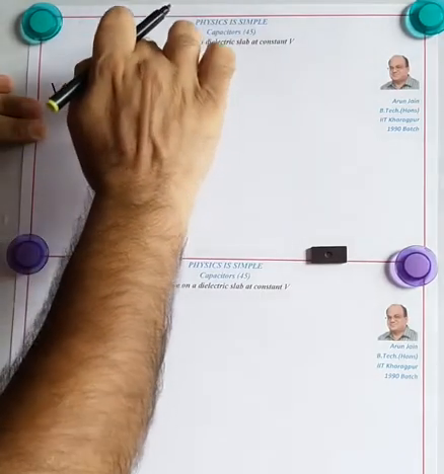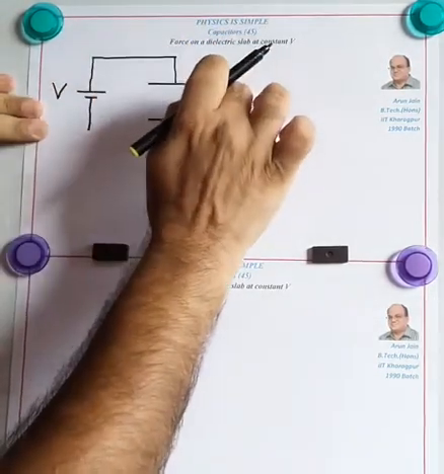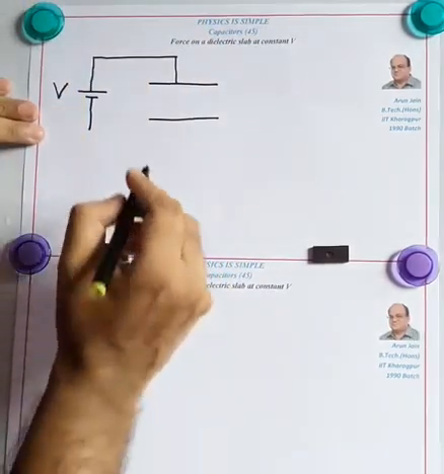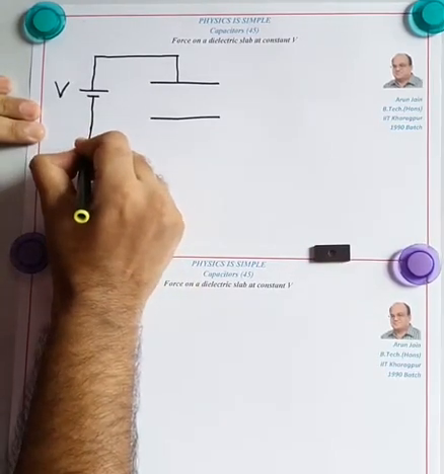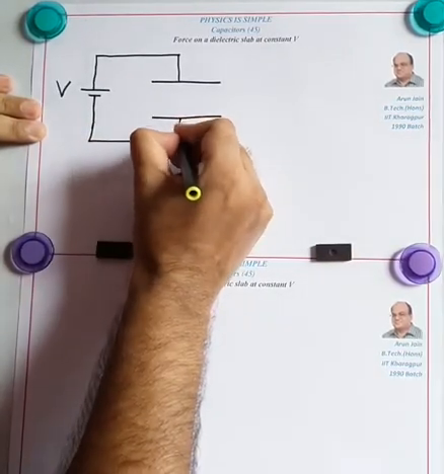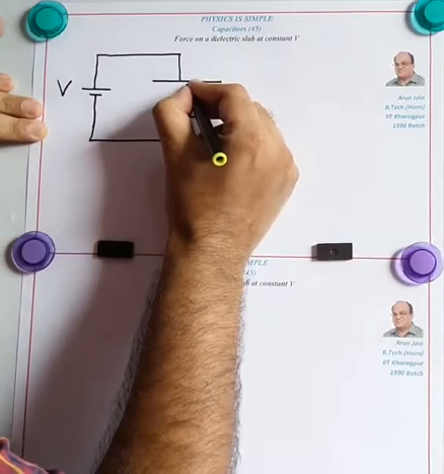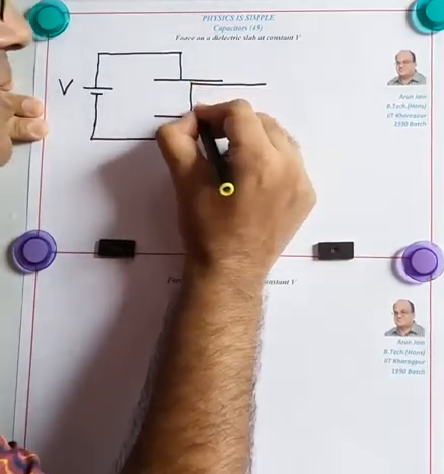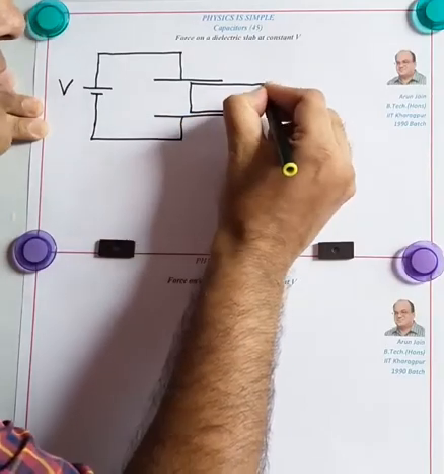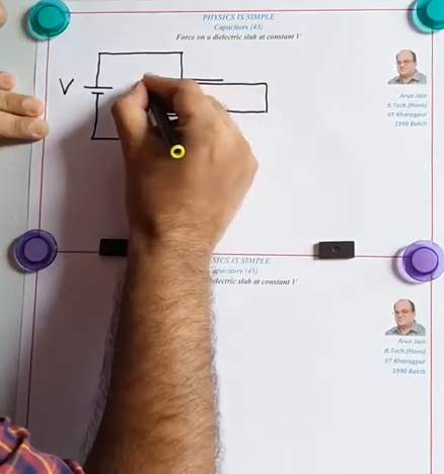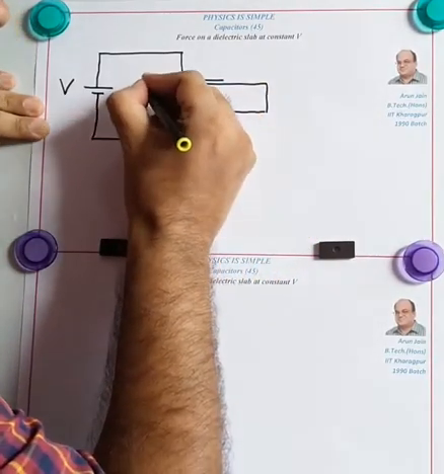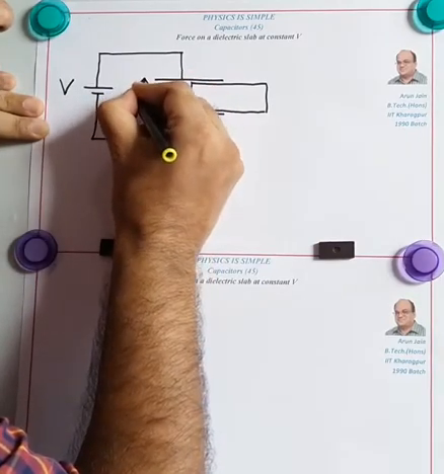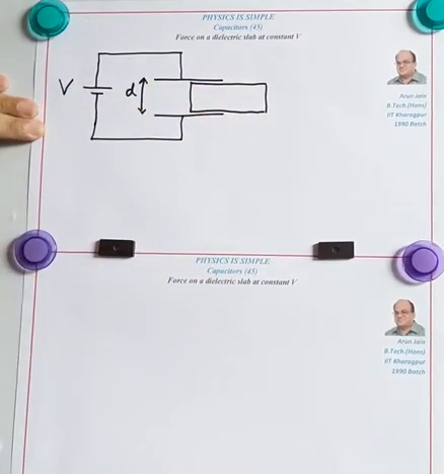So this is a plate, length is L, B is the breadth. And this is the capacitor. A dielectric of same dimensions, length L, breadth B, and same thickness D, the distance between the plates, is now partially inserted into the capacitor.